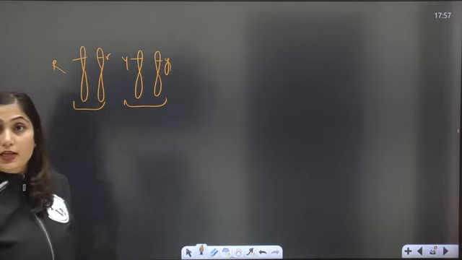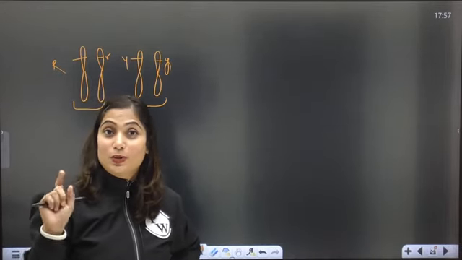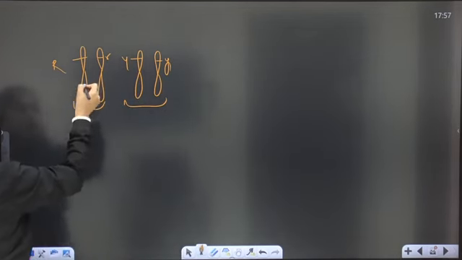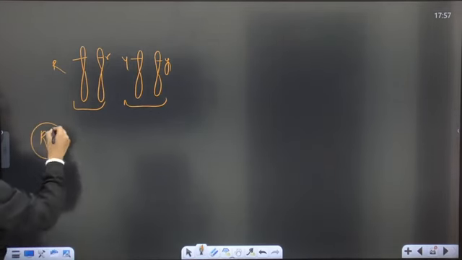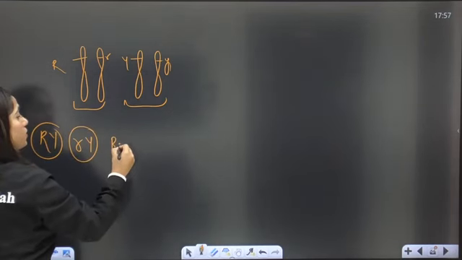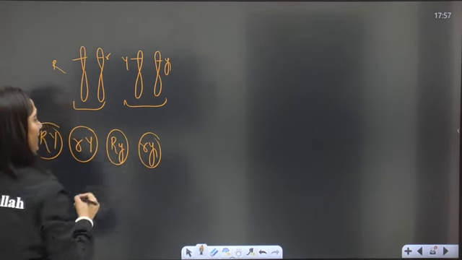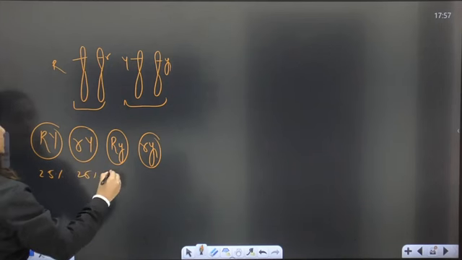If these two genes are present on different chromosomes, they will show independent assortment. And we will have, from here, capital R can come, from there capital Y can come: capital R capital Y, capital R small y, small r capital Y, small r small y. The probability of each case is 25%.